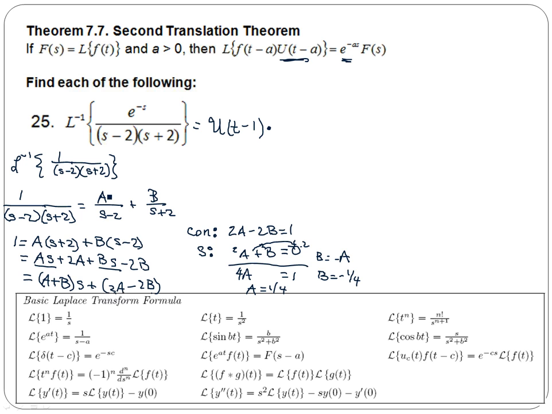So here A is 1/4 and B is negative 1/4. And when I apply the inverse Laplace, I'm going to get 1/4 inverse Laplace of 1 over s minus 2 minus 1/4 inverse Laplace of 1 over s plus 2.